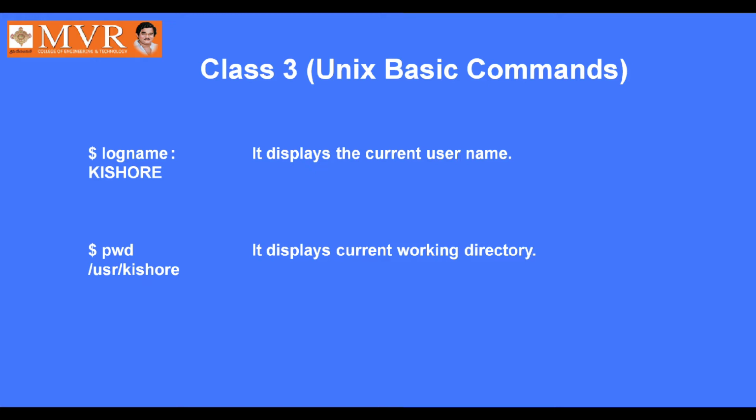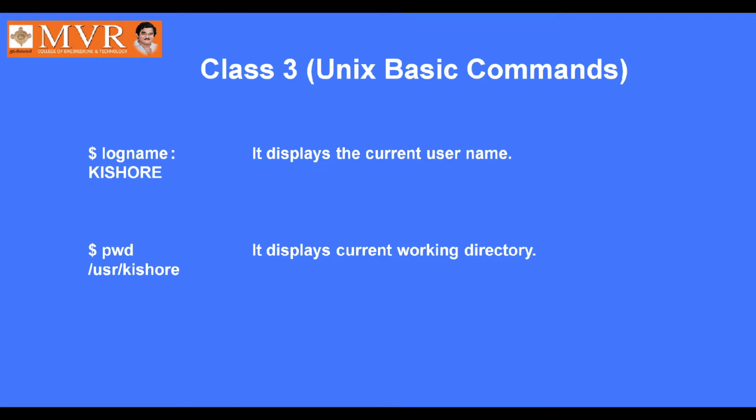Then the second one is pwd. This command is used to display the current working directory. pwd is nothing but present working directory, so the name of the directory in which you are working will be displayed. As I said in the previous classes, all users will be under the directory usr, and you are one of the users. For example, here I am one of the users, so the pwd, the present working directory, will be /user/Kishore.